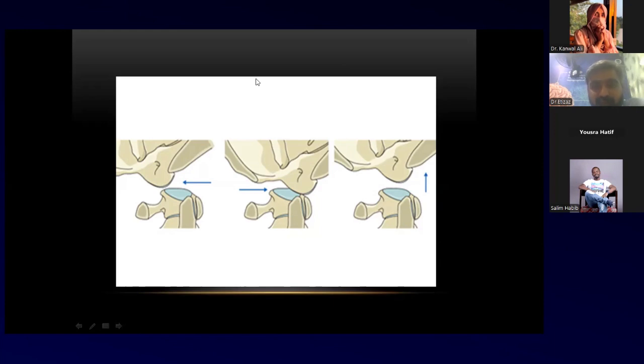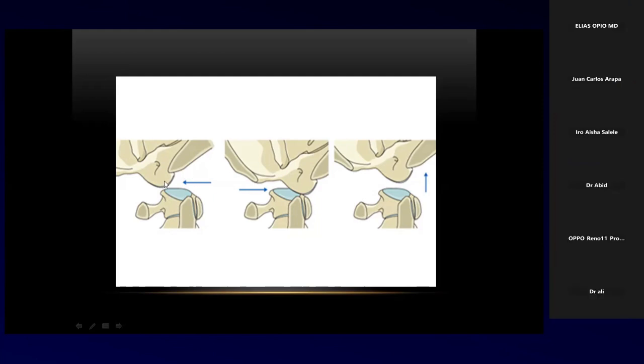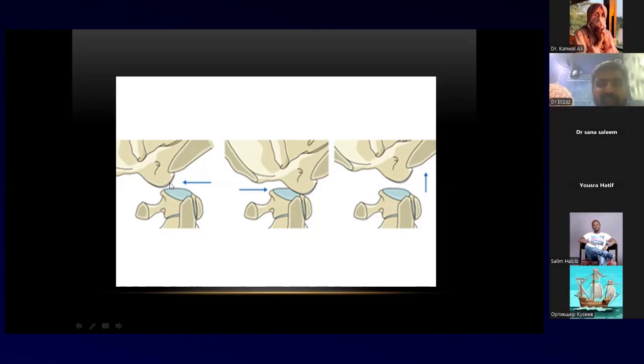Anterior displacement. What is anterior displacement? We talk about this one being anteriorly displaced, that is the occiput, not the C1. This classification is based on the displacement of the occiput, or the clivus, or the condyle. They move anteriorly and are displaced.